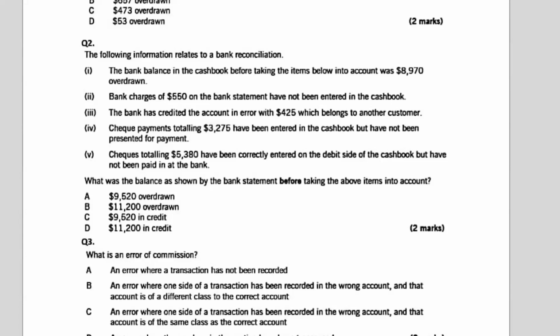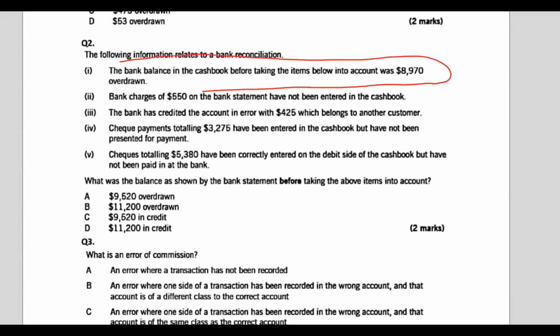So what is happening is that we are not considering these numbers that are not there on the bank statement. Remember, we are just concentrating on what is on the bank statement. Maybe let me pass a comment that this figure of the cash book before these adjustments is the same amount that is there on the bank statement.